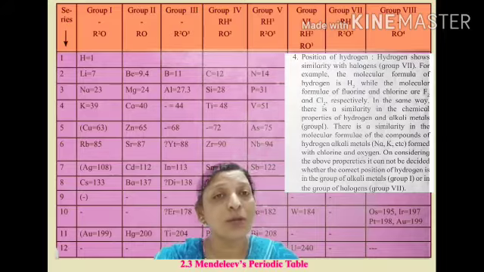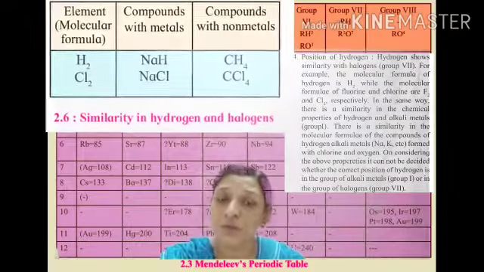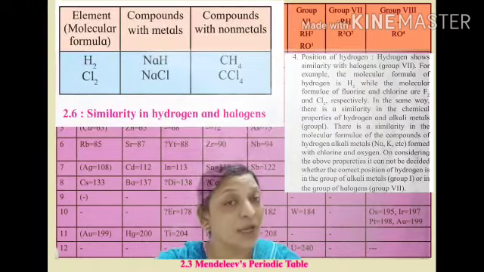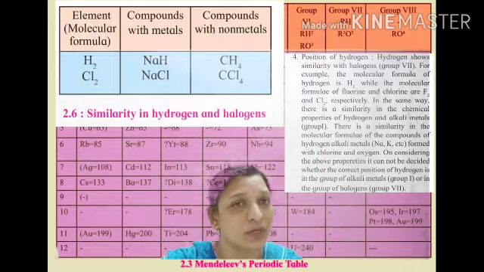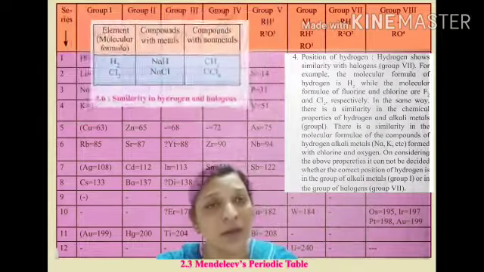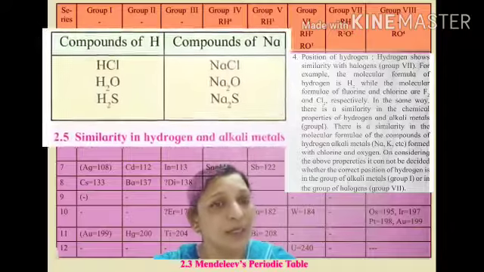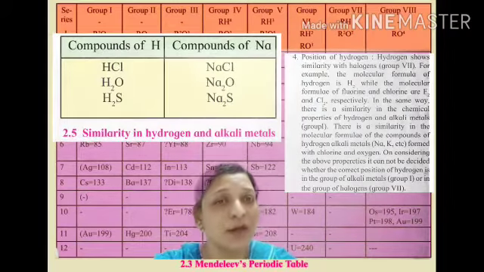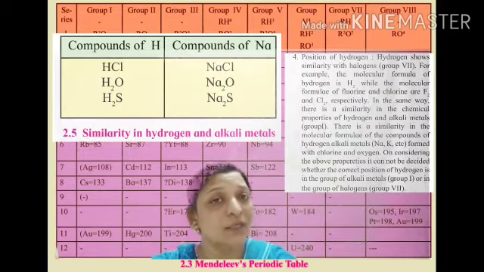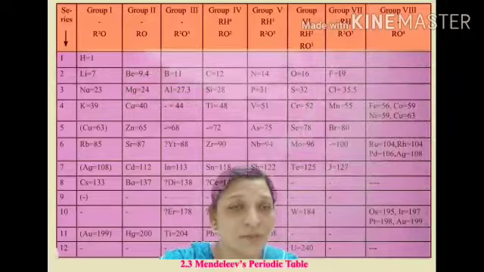Means it is showing some similarity of chemical property with the halogens. But chemical properties of hydrogen are matching with the group 1 elements like sodium, potassium. And on the other hand, molecular formula of hydrogen is H2 like Cl2. There was the problem of placing of hydrogen, whether it has to be placed in the first group or to be placed in the 7th group with halogens.